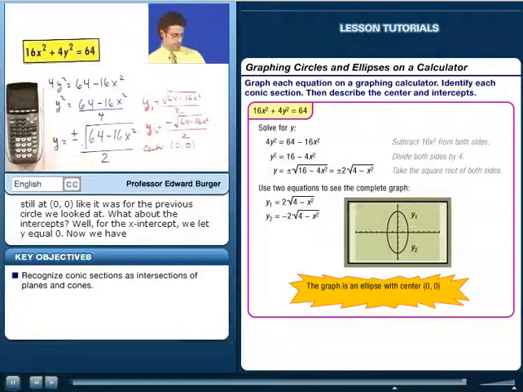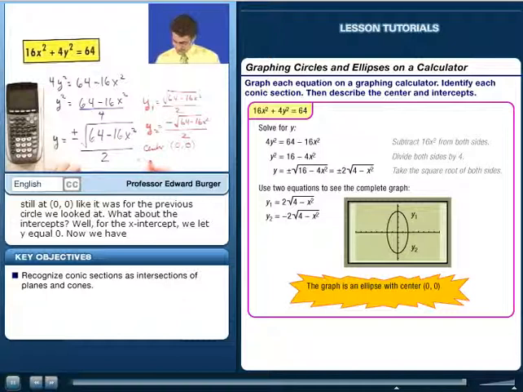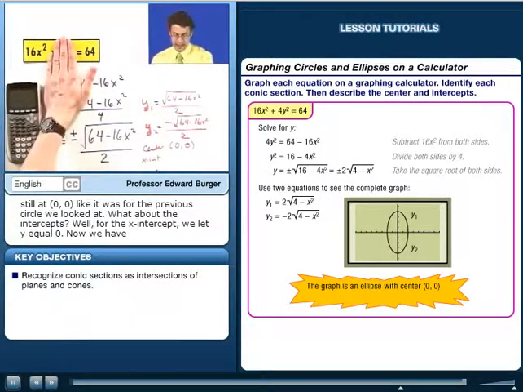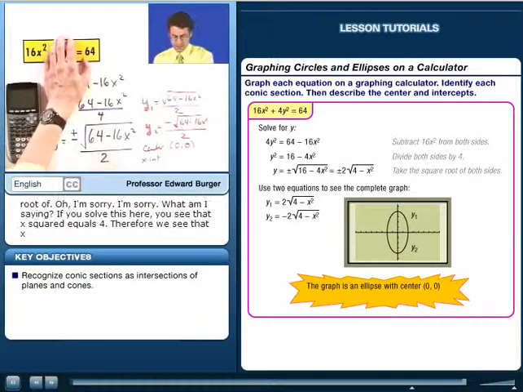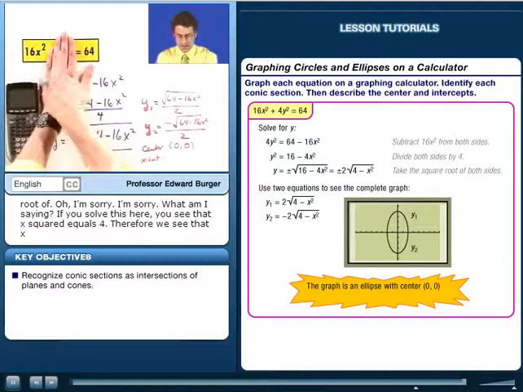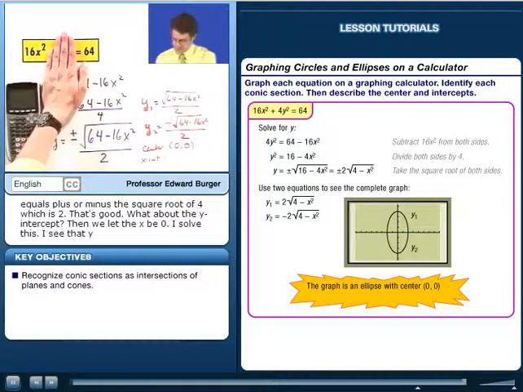And what about the intercepts? Well, for the x-intercept, we let y equal 0, and now we have 16x squared equals 64. What's the solution to that? If you solve this here, we see x squared equals 4, and so x equals plus or minus the square root of 4, which is 2.